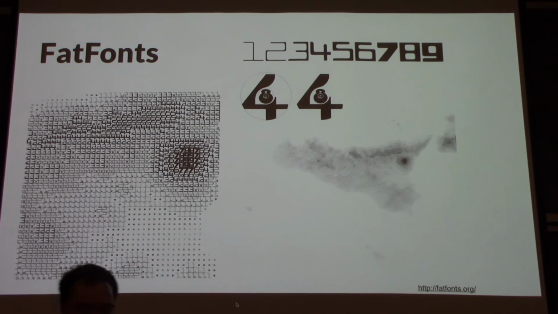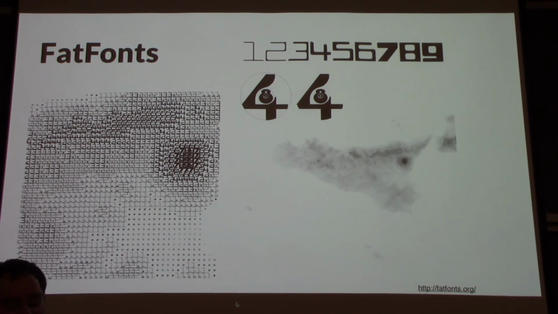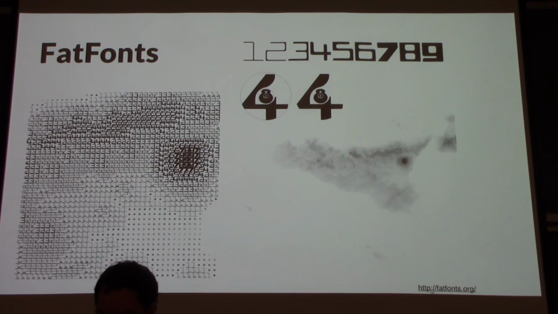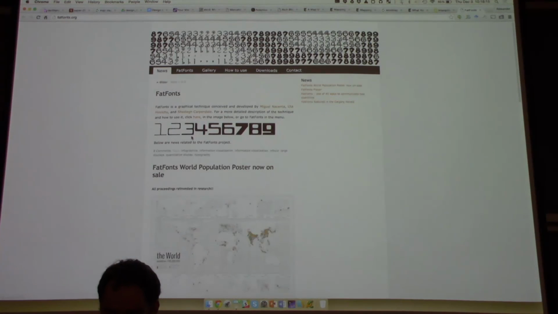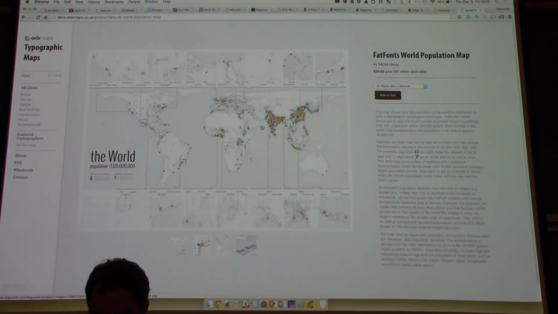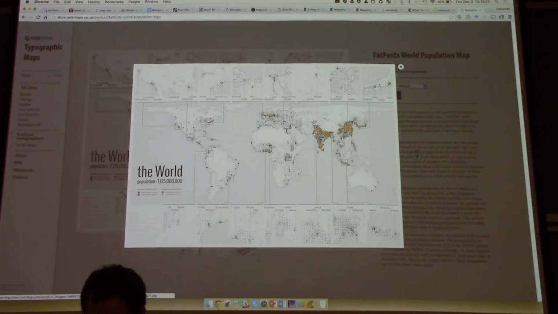The idea here is that they could encode data that you can see at a rough level. You can guess the value just by looking at the colors. But if you want to see the details, you can actually read what it means. So you can go to fatfonts.org and see things like the map of the world population, and some highlights here.